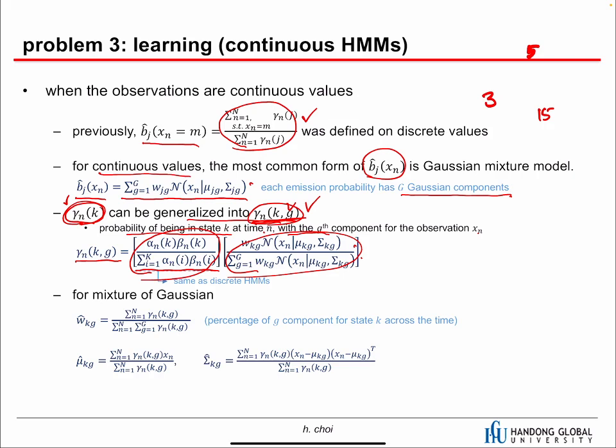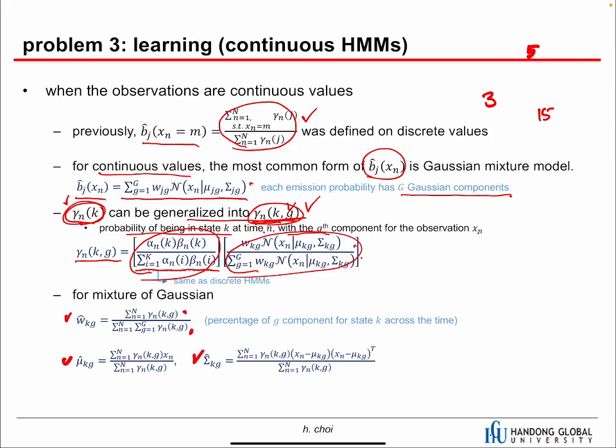Since we are assuming the Gaussian mixture model for this emission probability, we need some parameters for the mix of Gaussians. This is the coefficient for each Gaussian component, this one is the mean, and this one is the covariance.